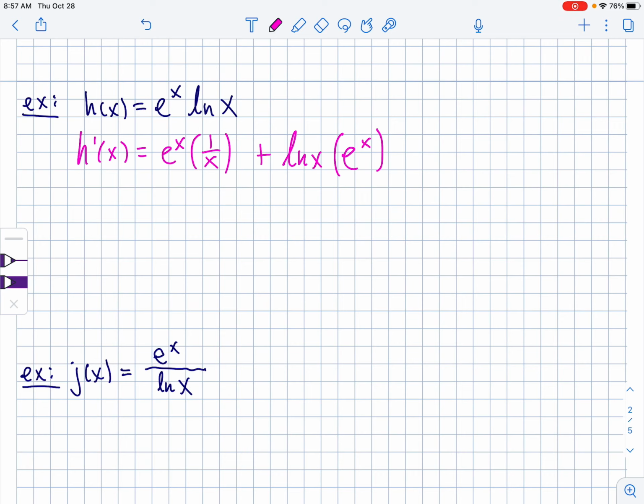For this one, I think you can do a little bit of cleanup. We'll just smush the first two things together here. So this becomes e to the x over x. And then the other part you can't really do anything with. I would just call it e to the x ln x. Yeah, that's it.